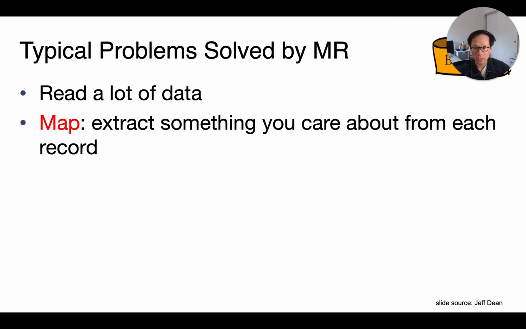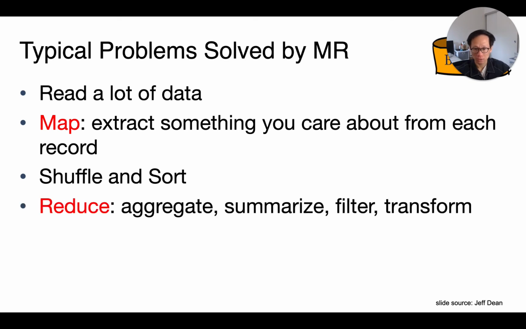Then, based on the extracted information, we shuffle those records and documents across the machines. And then we reduce the shuffled data, where reduce here means some form of aggregation or summary. And we finally write the results back to the disk at the end.